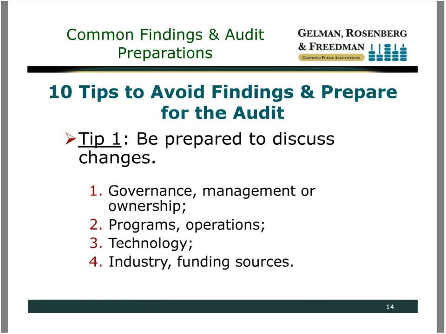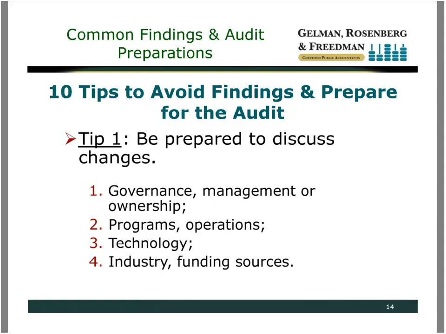Governance, management, ownership: any significant changes in board structure, key personnel, new entities that might have been formed. Programs and operations: any significant new streams of revenue or programs that we're running. Technology: if we change the accounting system or other significant databases.